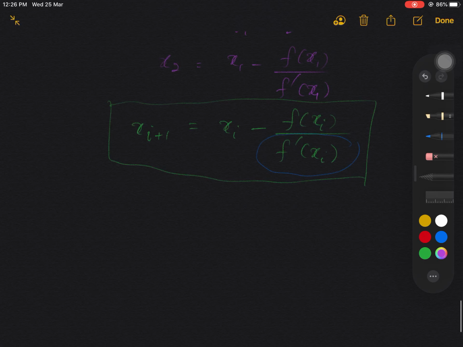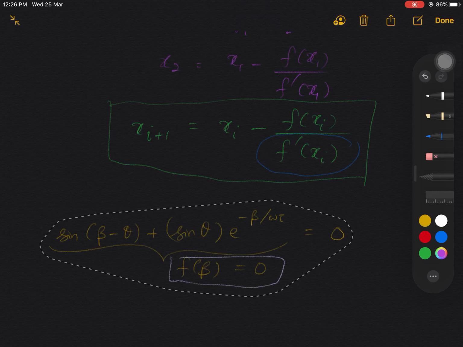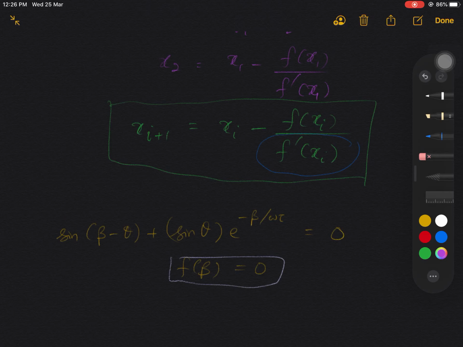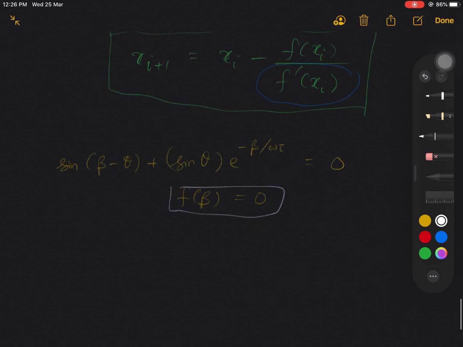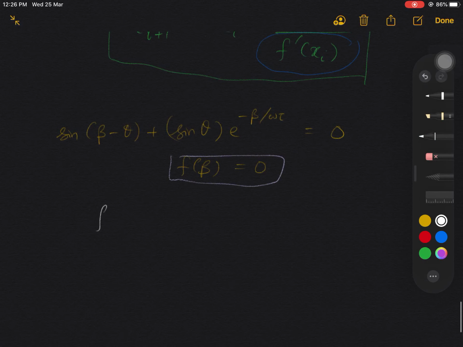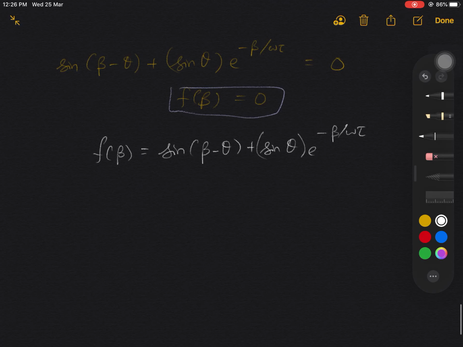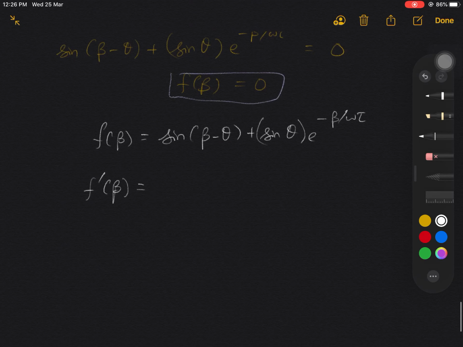So in this regard, f beta is sine of beta minus theta plus sine theta times exponent negative beta over omega tau. So we have to find the derivative of f with respect to beta in order to carry out the Newton-Raphson algorithm.